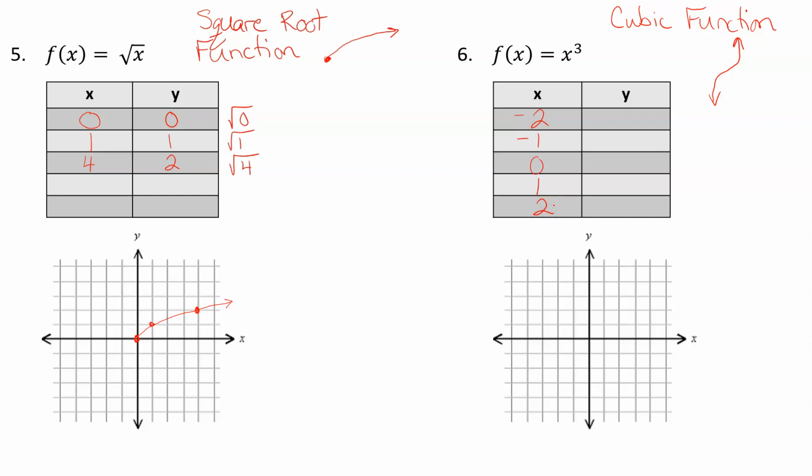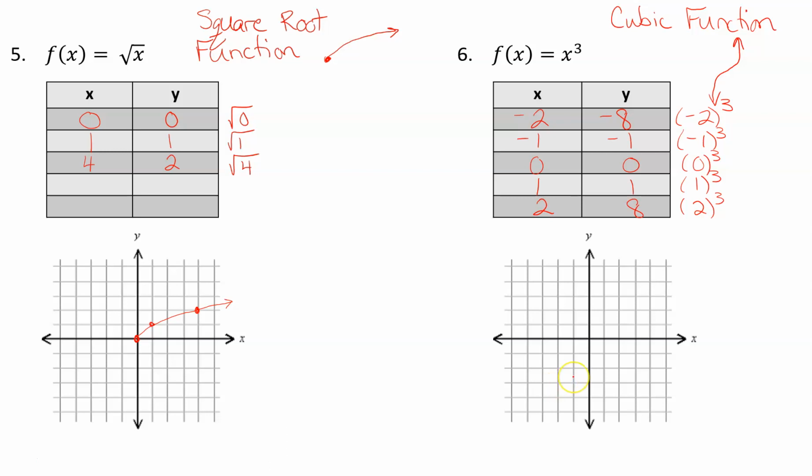And let's see what happens when we plug those in. So I'm going to put parentheses around it when I substitute. So -2 cubed means -2 times -2 times -2 is going to give me -8. And then -1 cubed will equal -1. 0 cubed is 0. 1 cubed is 1. And 2 cubed is 8.